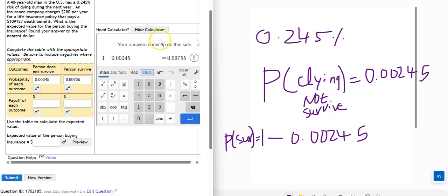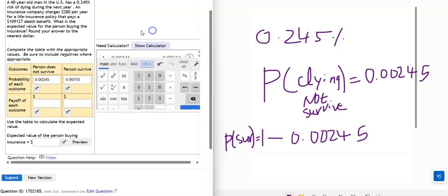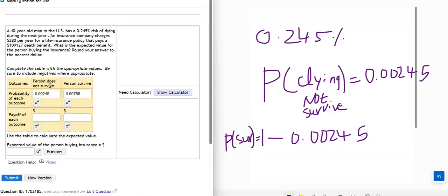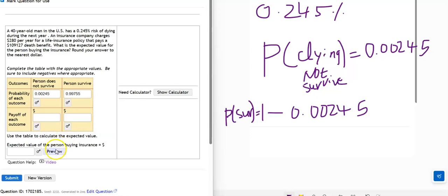All right, now the value, let's hide the calculator for a moment. So if the person does not survive, what happens to this person who got the insurance? If the person doesn't survive, then the family of the person, who is the beneficiary, gets paid this much money by the insurance company.